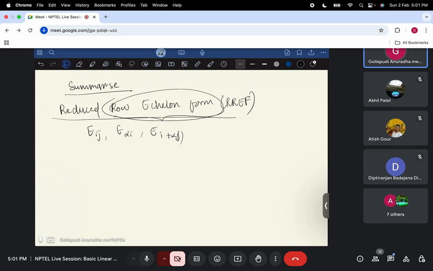And then we saw what is the inverse of a matrix. For any matrix A, if there exists a matrix B such that BA and AB are equal to I, then we say that the inverse of the matrix exists, and A inverse will be unique.